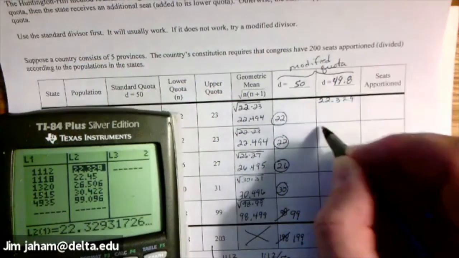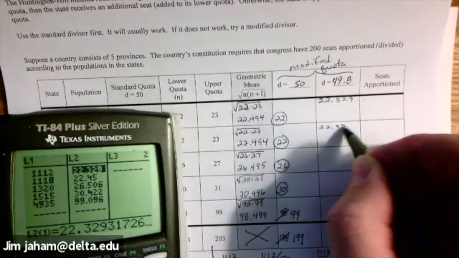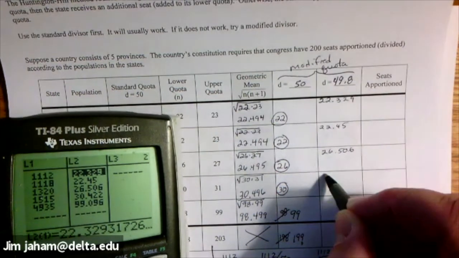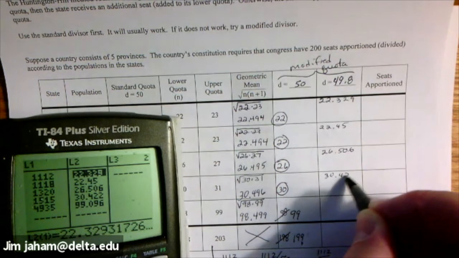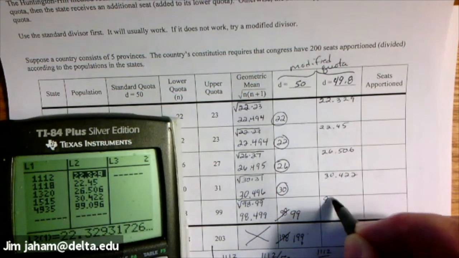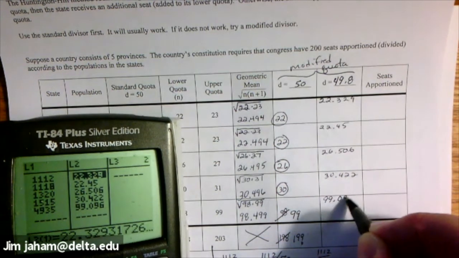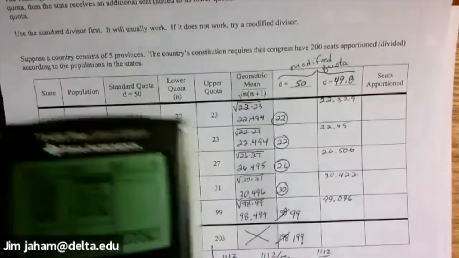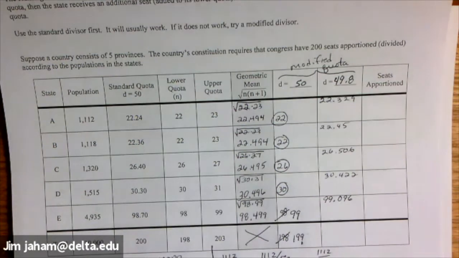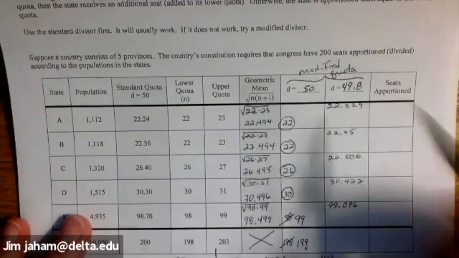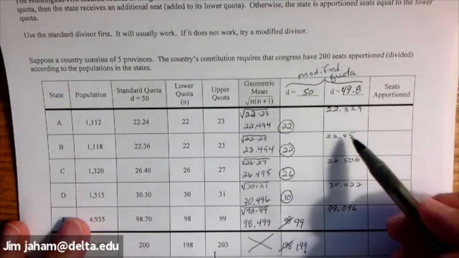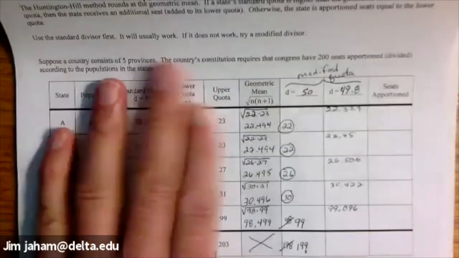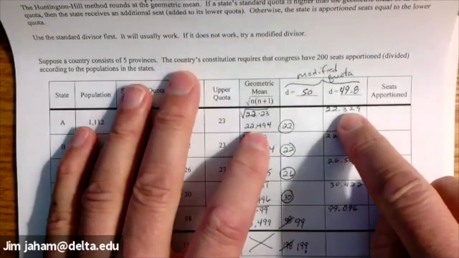I'm going to write these numbers down: 22.329, 22.45, 26.506, 30.422, and 99.096. These now are my modified quota values, so I'm not going to look back at the others anymore. I'm going to compare this number with this number.